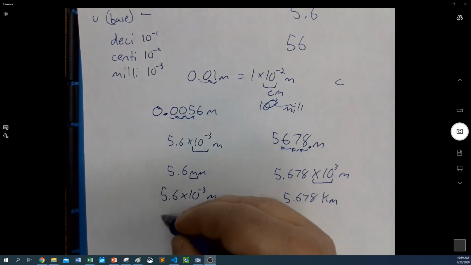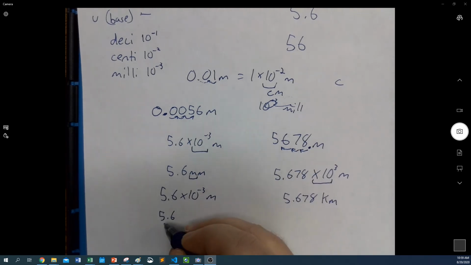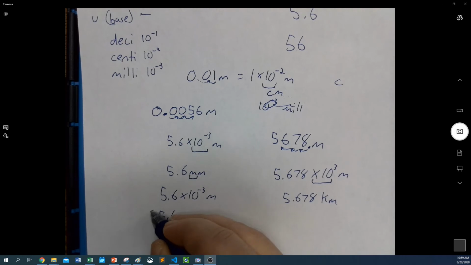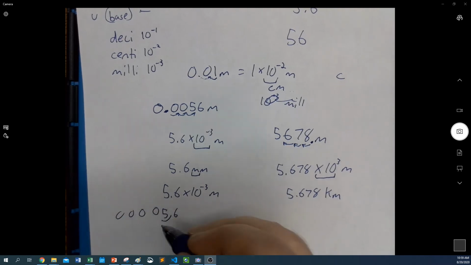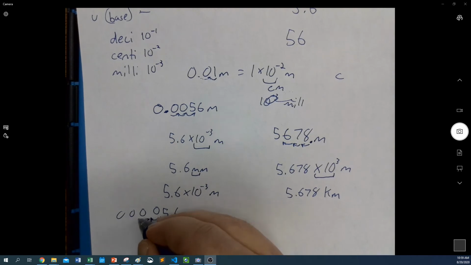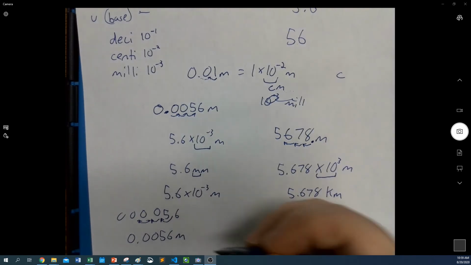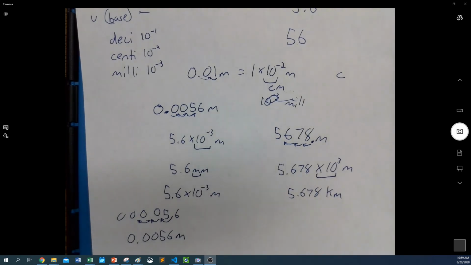Or I can write down 5.6 and then realize that I need to move the decimal, put a lot of zeros in front of it, 3 spots. 1, 2, 3. So it should be 0.0056 meters. That's how I personally look at it.